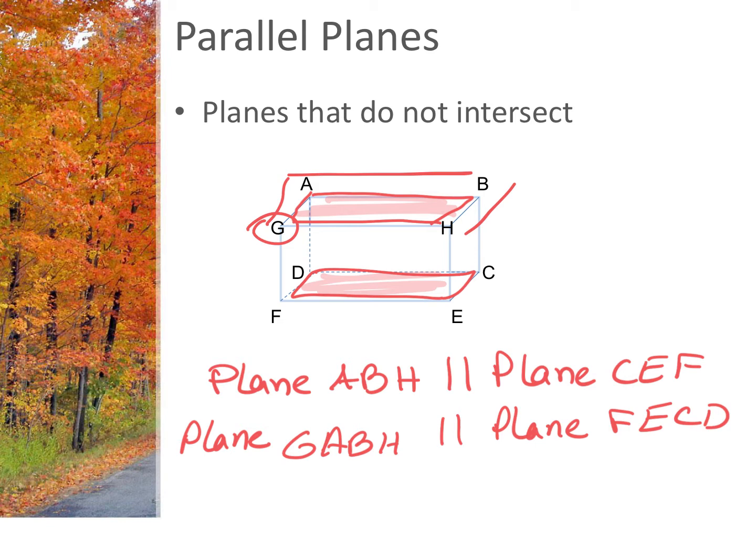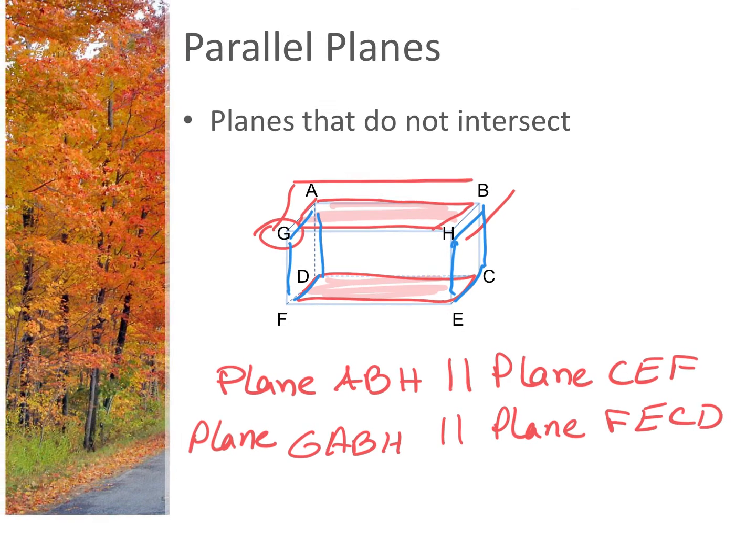Now, this figure has more than just 2 parallel planes. It also has a pair in the planes on the sides. So I could say this side, along with this side, are also parallel. If you think about the classroom, the front wall where the board is, and then the back wall, those would be parallel planes.